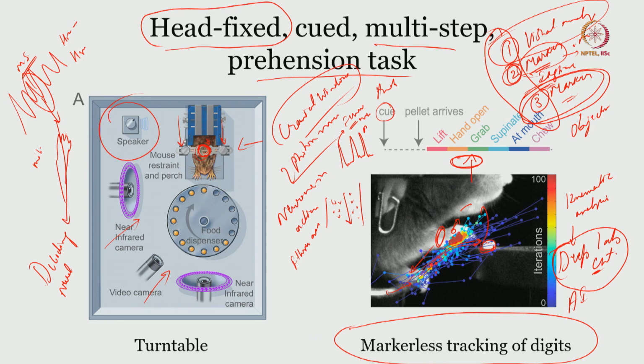If not, your video is looking at a different time scale than the rat's forepaw movement, and obviously you are going to miss out on a lot of neural signals. So the whole idea is that you capture all the movements, capture all the neural signals, and make sure they are synchronized. Alright, that is very, very important.